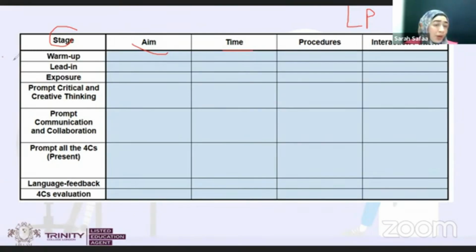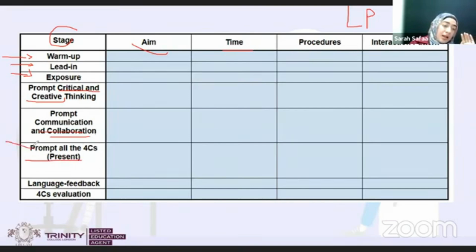I start with the warm-up, and then I go right through the lead and the exposure of my content. Then I go through something that has critical thinking and creative thinking together, and I'm going to tell you how in detail. Then I go through an activity that focuses on communication and collaboration.